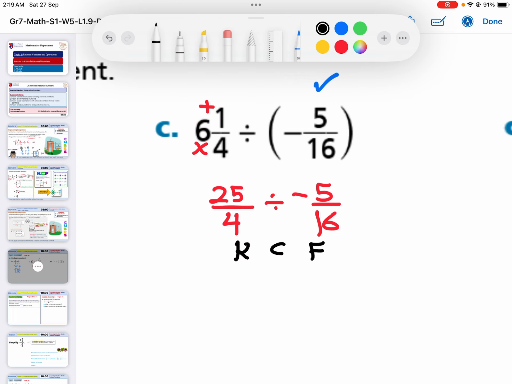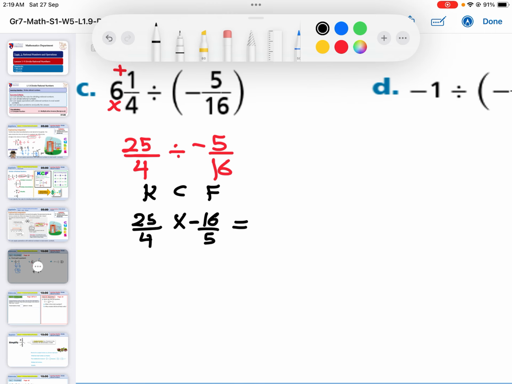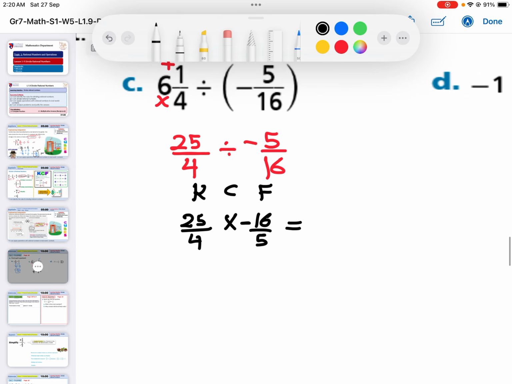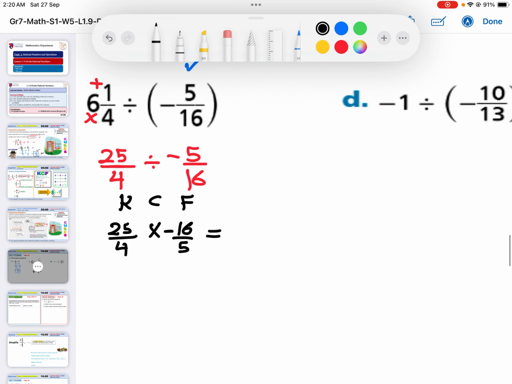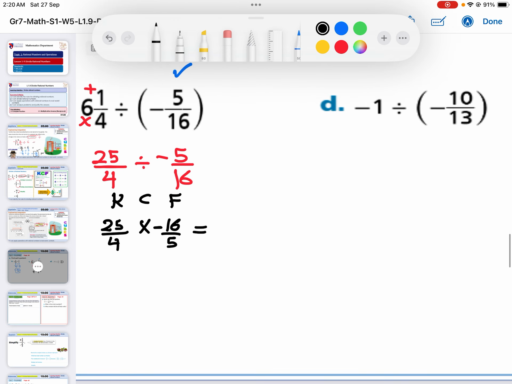Let's do it. So the first one will say division will change into multiplication, and this will become 16 over 5, and the sign will be negative. Now, 25 times negative 16, you can do the turtle head. You can do a 2-digit by 2-digit multiplication. Okay, I guess the answer will be 400.